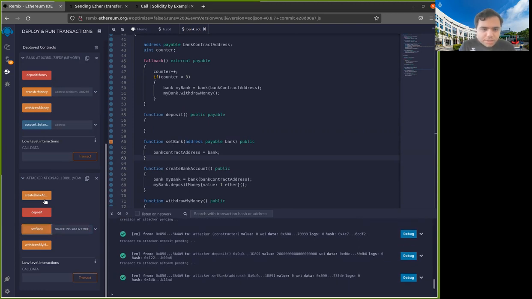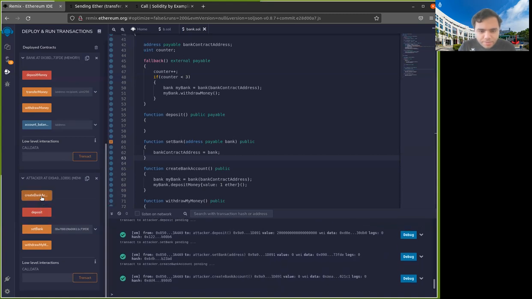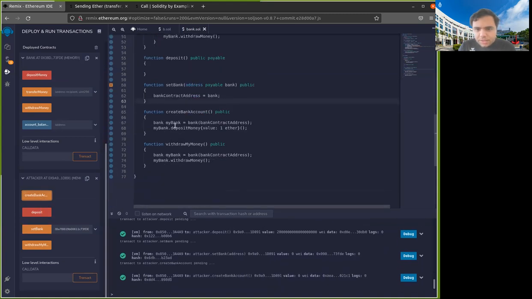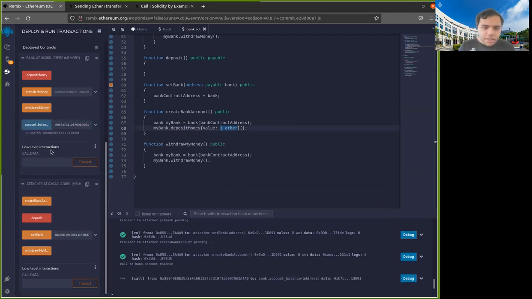Okay, this is working. And then I say create a bank account. And as we see here, it was hard-coded that I create a bank account with 1 Ether. So in my bank, if I now ask what is the balance of the attacker, the balance of the attacker is 1 Ether. Okay?